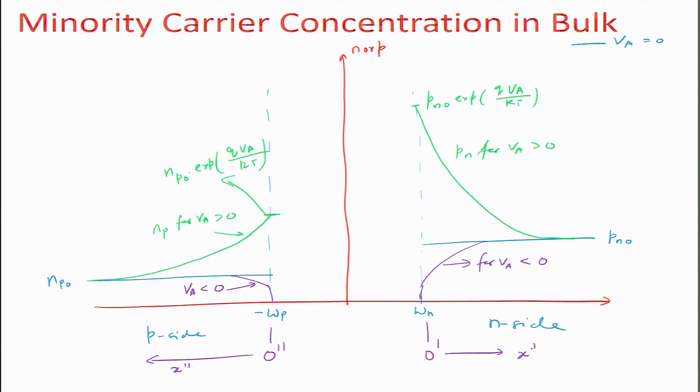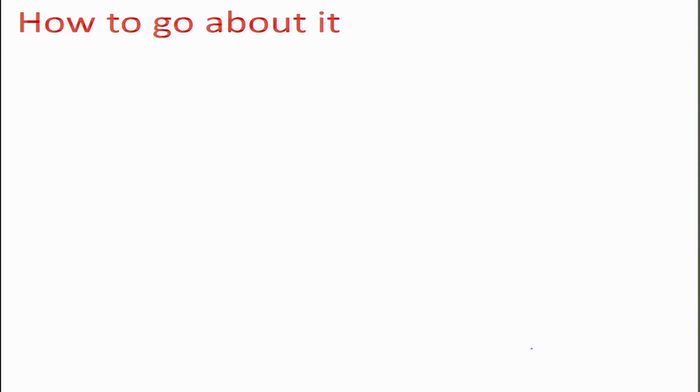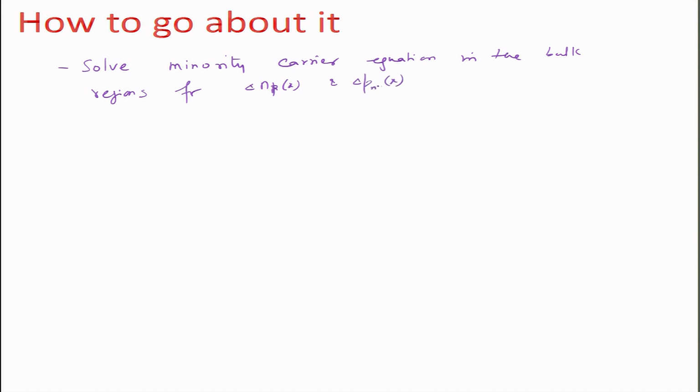So how do we go about it? First we need to solve the minority carrier equation in the bulk regions for delta Np(x) and for delta Pn(x), both of these, and then apply boundary conditions, because these are differential equations.